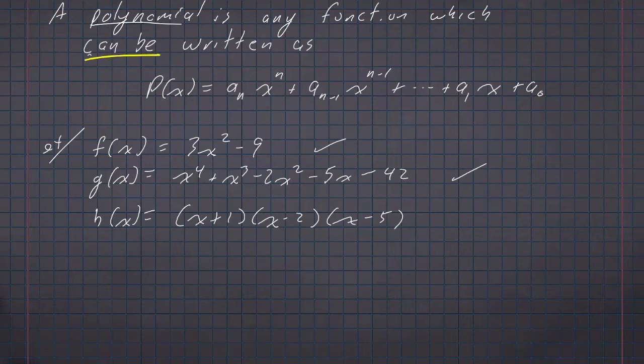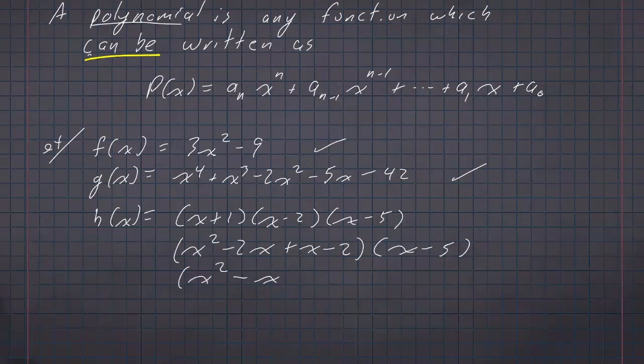So if we multiply it out, x plus 1 times x minus 2, that'll be x squared minus 2x plus x minus 2, or x squared minus x minus 2.